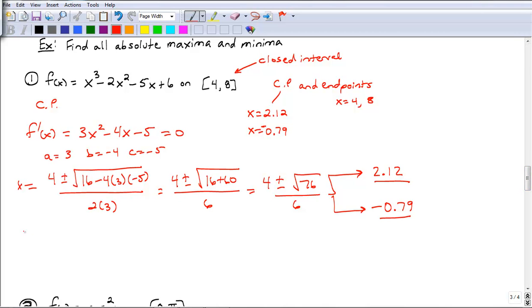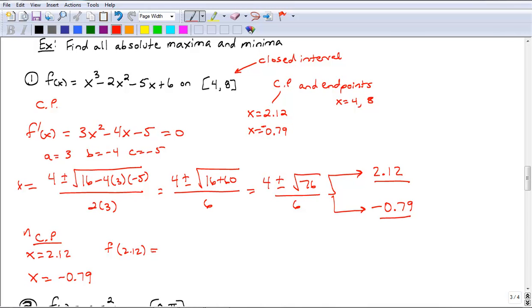So now if I want to figure out my absolute max and mins, I plug all of these into the function. So I take my critical points, which is 2.12 and negative 0.79, and I plug them in to f of x. When I plug 2.12 into f of x, I get 2.12 cubed minus 2 times 2.12 squared minus 5 times 2.12 plus 6.